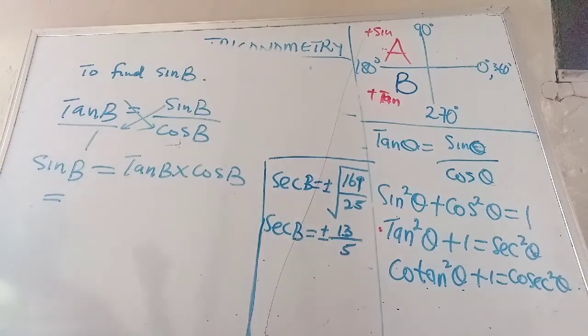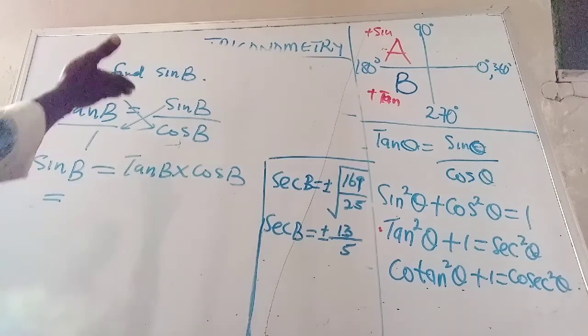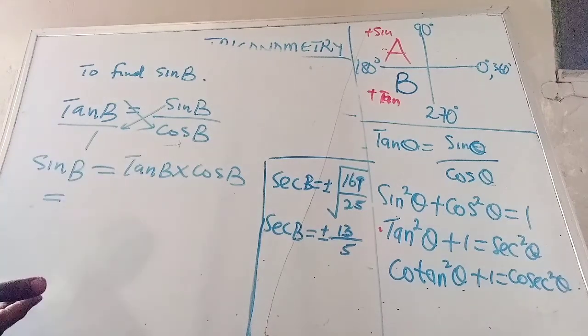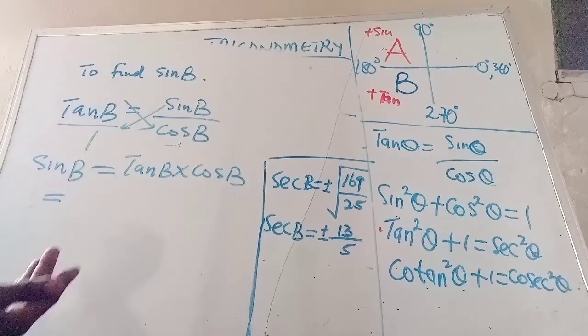The tan we are given, that is 2.4, right? And I change it to fraction, it becomes what? 12 over what? 5. Yes, tan B is 12 over 5 because 2.4 has been converted to fraction, which is 24 over 10. By cutting down, we got 12 over 5.